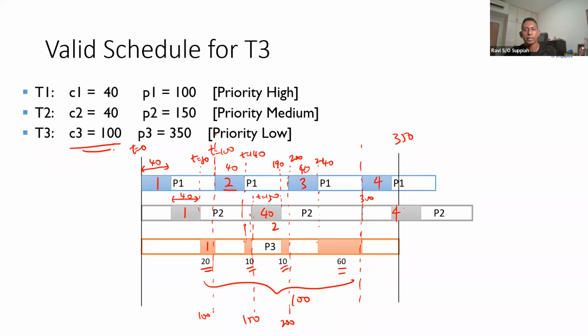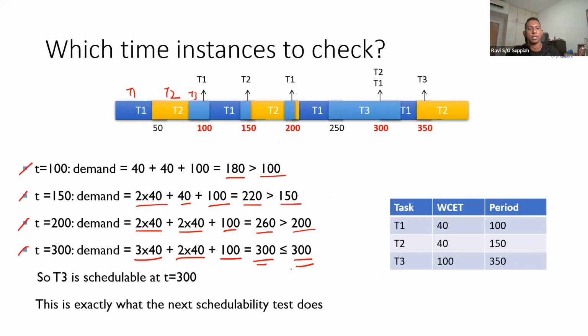Because of that, you feel that it is not possible, correct? But actually, by time t goes to 300, you are already able to use all the gaps to finish up the requirements for task 3. So this task set is definitely schedulable by time t goes to 300.